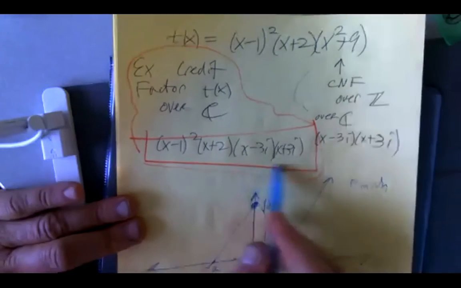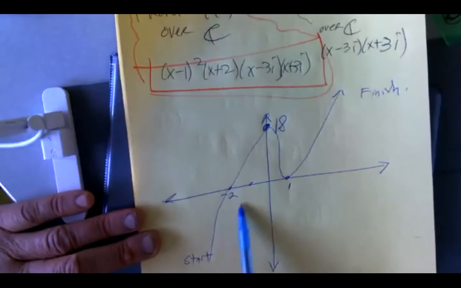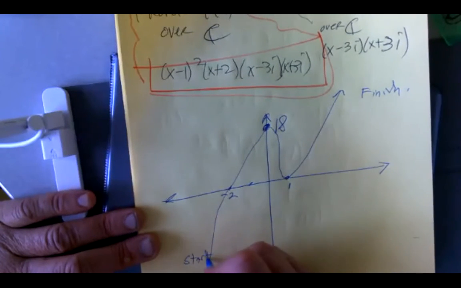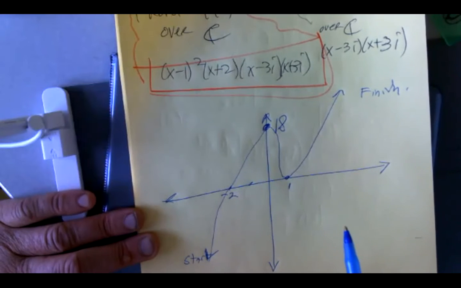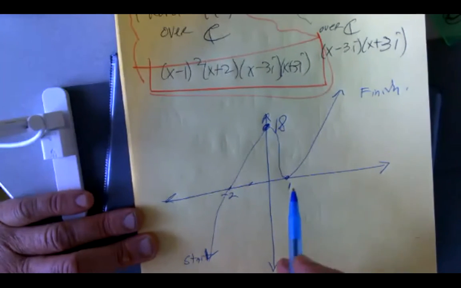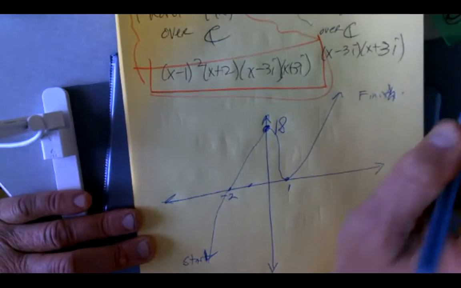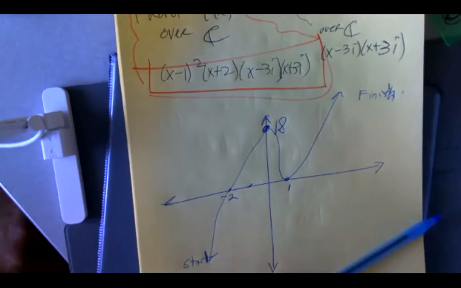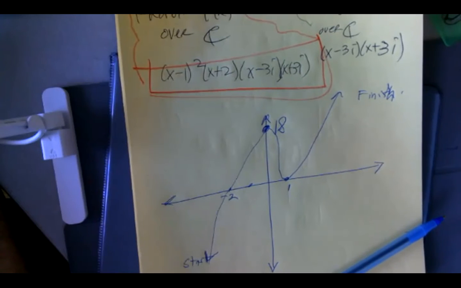But because of this, can anyone tell me, is there a weird bump somewhere? Did anyone do Desmos and see a little bump? This is a rough qualitative graph, but I don't have Desmos up and running.